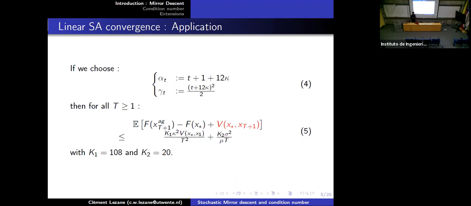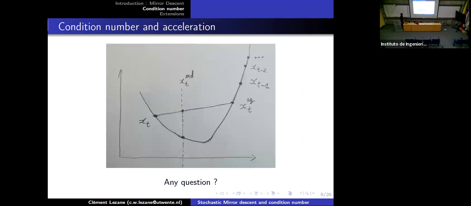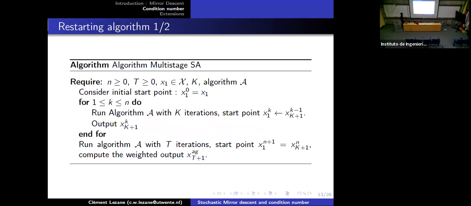And this is what actually makes a recursive form appear. So as I said before, you're going to try restarting the algorithm with a constant iteration k, and do it n times. For each time, you look at which point you stopped, and for the new iteration, you start from your previous stop point. This is why we call it restart, because you forget everything that happened before, and you just take the endpoint as a new start point, and you do it n times.